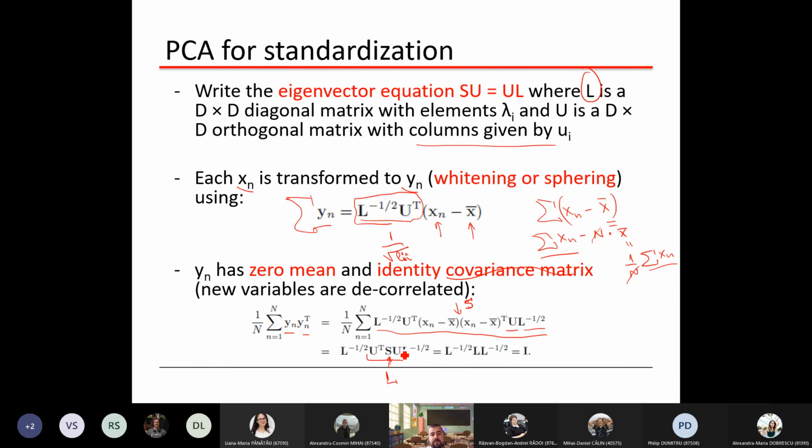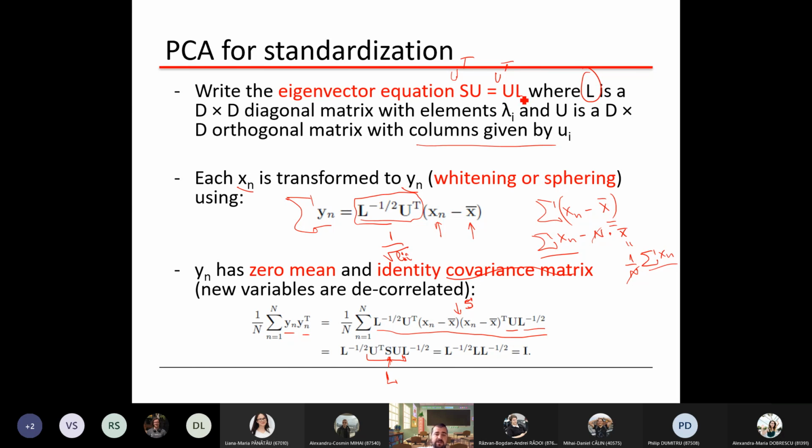Okay. Because if we multiply with U here and here, we will get, sorry, here, not the other way. Then we will have U multiplied by S multiplied by U transposed multiplied by S multiplied by U equals U transposed multiplied by U, which is an orthonormal matrix.